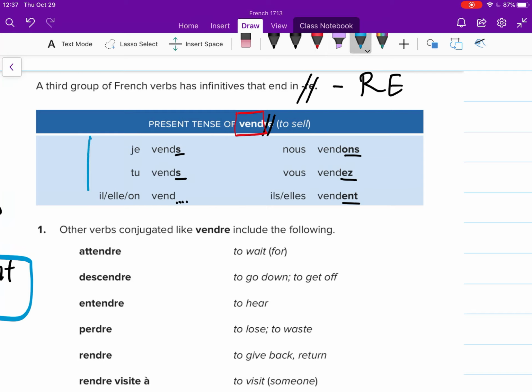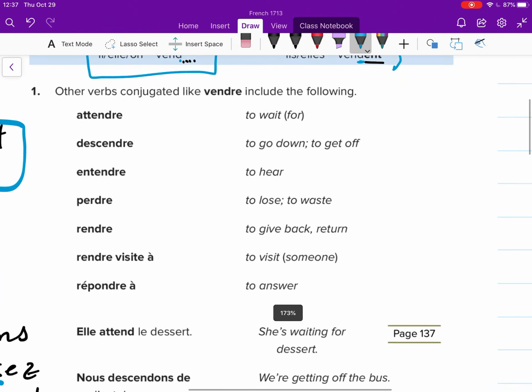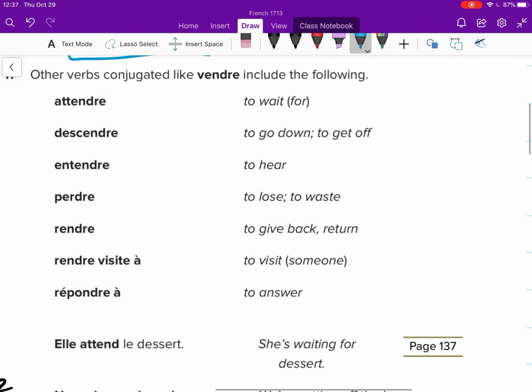So everything in the first column will sound the same. Notice that the consonant in general is going to be silent, vend, vend, vend. Whereas in the last column, the nous, vous, and ils plural, you will hear that D because these endings right here are not silent. So verbs that are done like vendre and other REs would be like attendre, to wait.